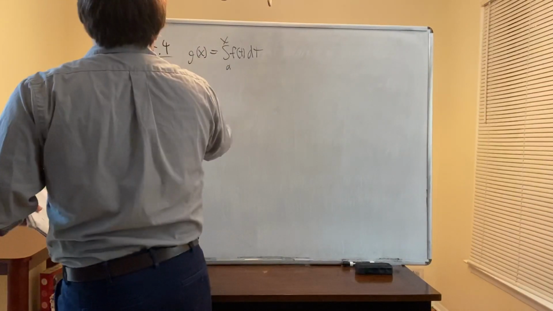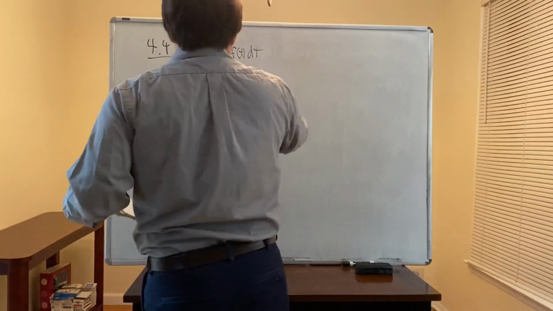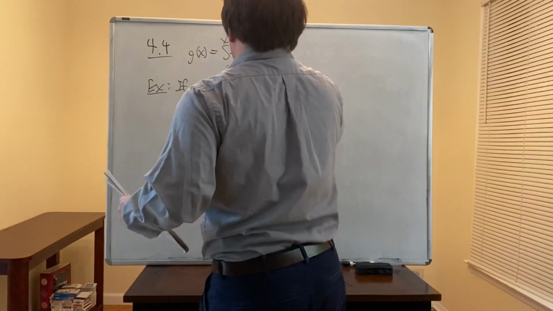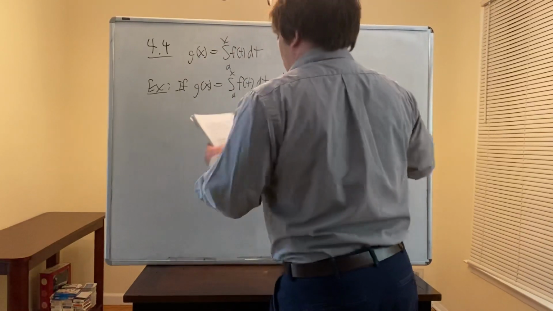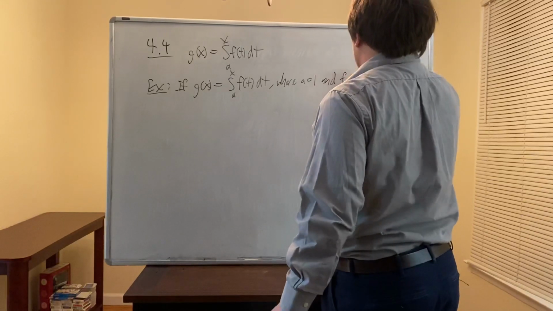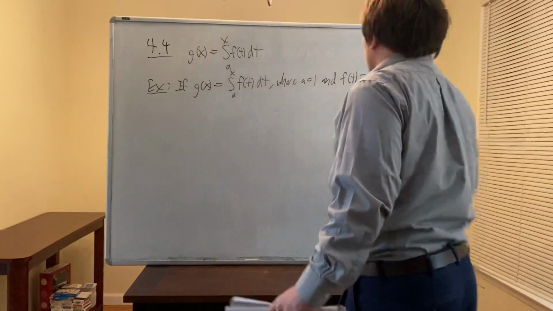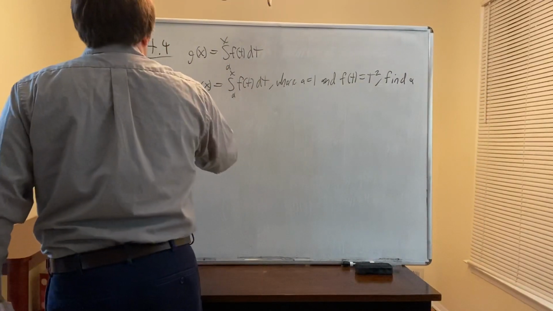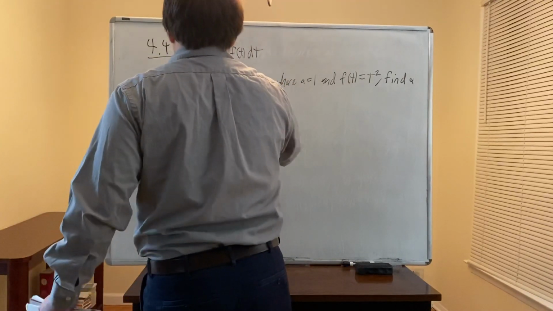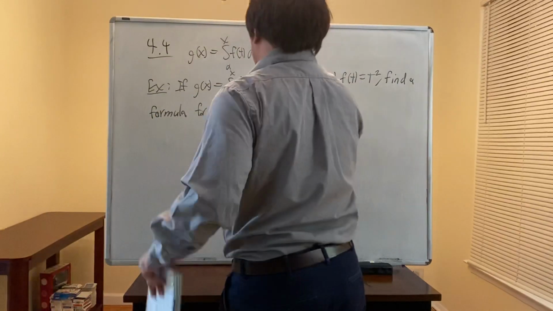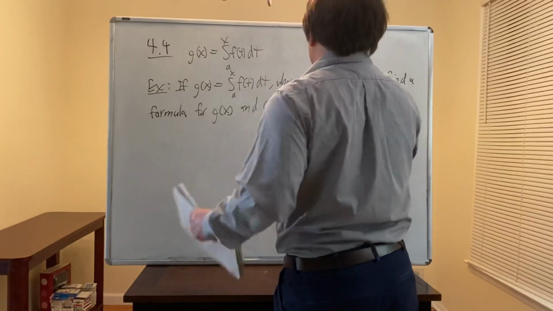So here in this example, we're going to do a similar kind of thing. So if g of x is equal to the definite integral from a to x of f of t dt, where a equals 1 and f of t equals t squared, find a formula for g of x and calculate g prime of x.